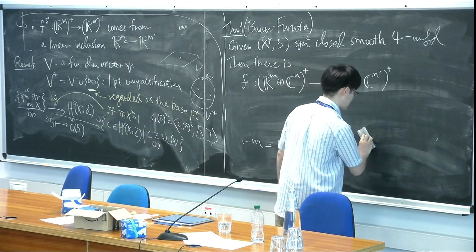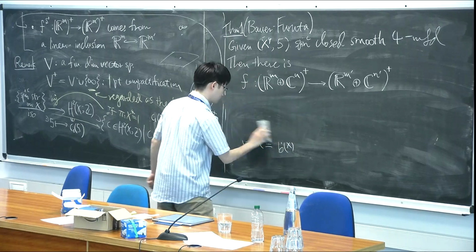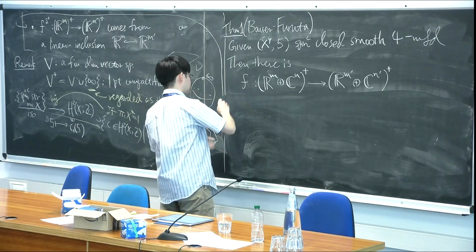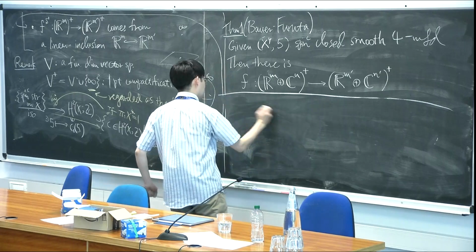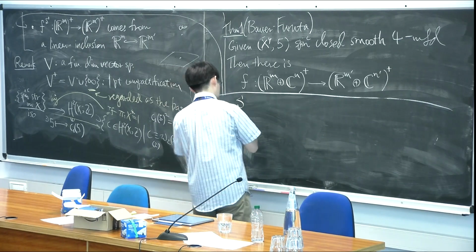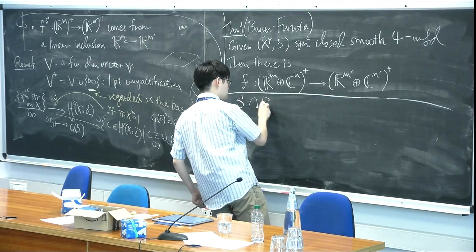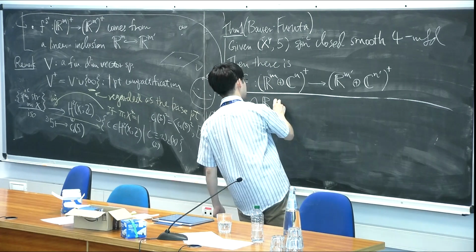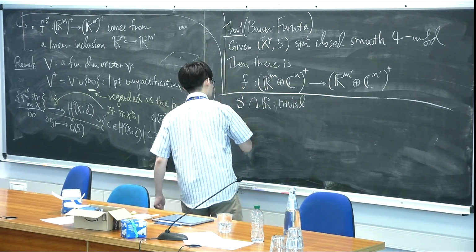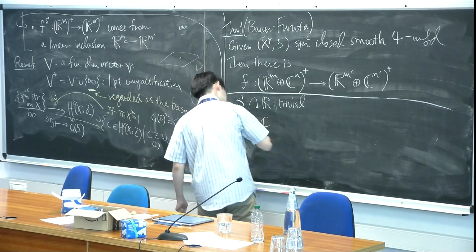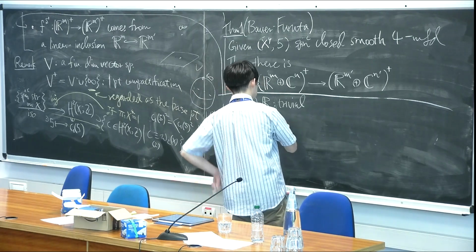So what is this action? Here, I will act the circle on R just trivially. This is a boring action, just the trivial action. And the action on C, or copies of C, is simply scalar multiplication.